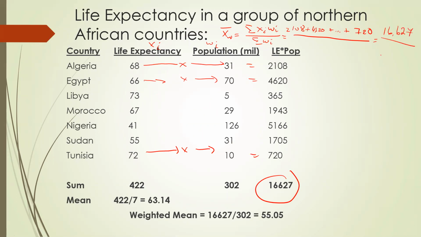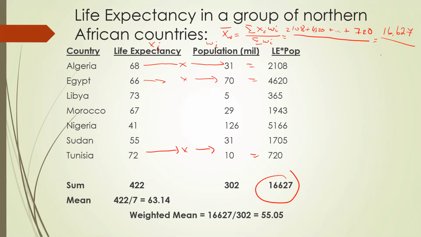Okay, now how many countries were there in this data set? Yeah, thank you, Brittany. So what you can't do here is take this number and divide it by 7. Okay, because if you were to take this number, 16,627, and divide by 7, you'd get a number like 2,000 something.